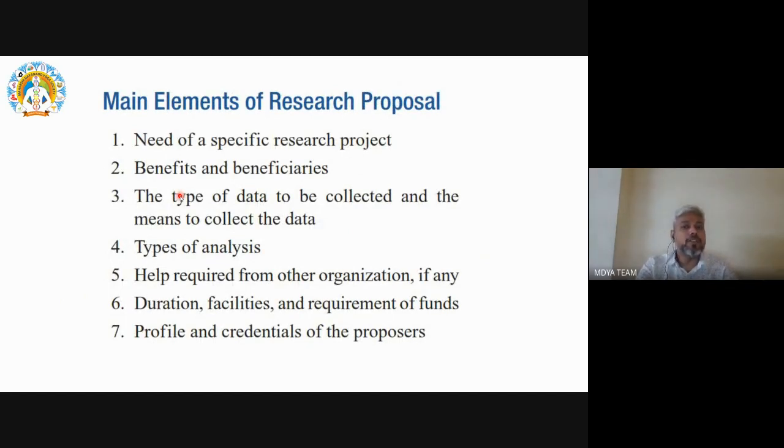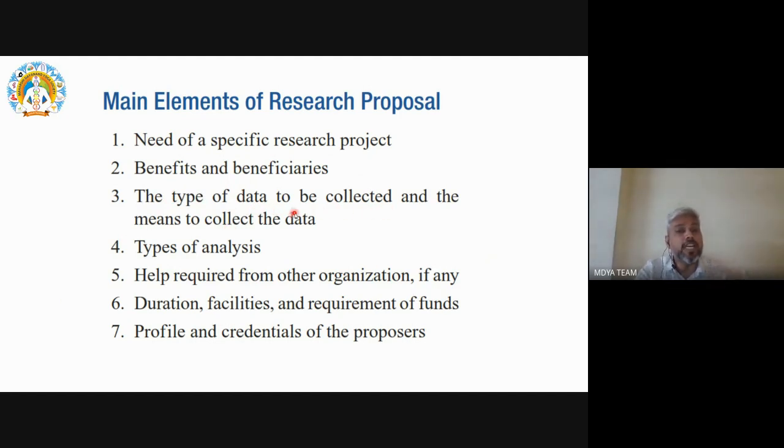The main element of a research proposal is the need for a specific research project; it should be specific. Then the benefits and beneficiaries: what will be the benefit of your research proposal and who will be the beneficiaries? The type of data to be collected and the means to collect the data.